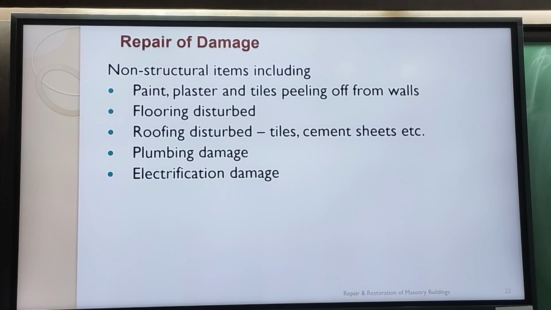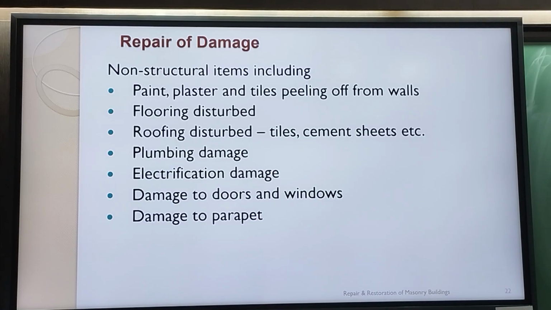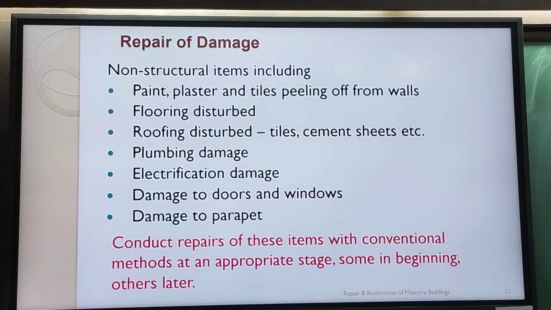Sometimes electrification, some of these things may have to be done earlier because the ducts may be inside and you may have to open them up and things like that. Alright. But this is essentially the non-structural damage. Damage to parapet, as I mentioned, damage to chimneys. So these are taken care of at a convenient stage of the repairing.